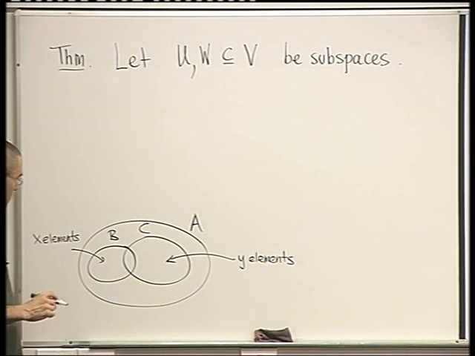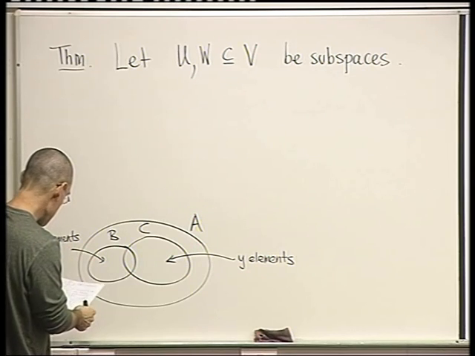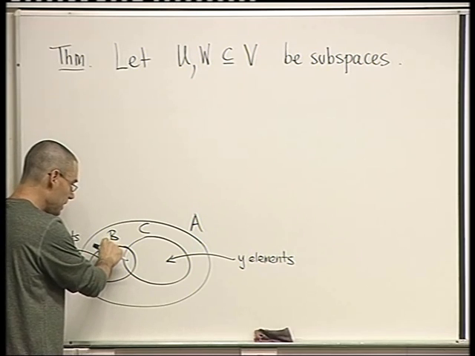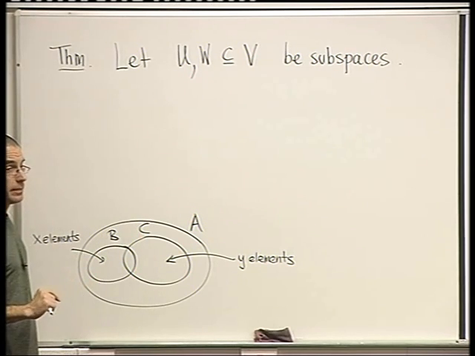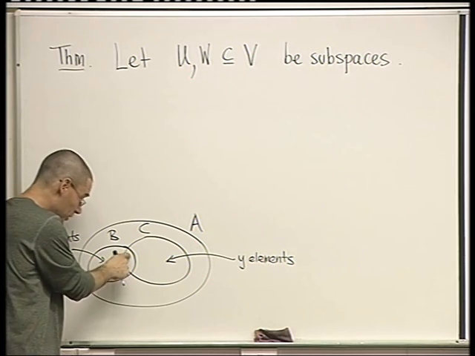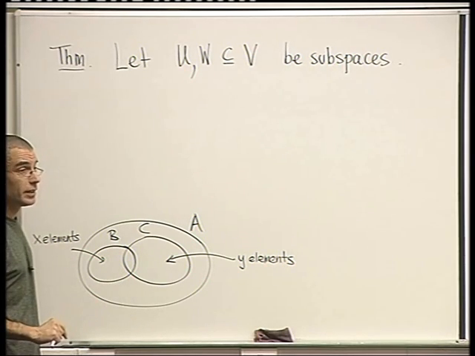How many elements are there in B union C? X plus Y? No, it's X plus Y or less. That's the maximum. It's necessarily less, because you're counting these guys twice.